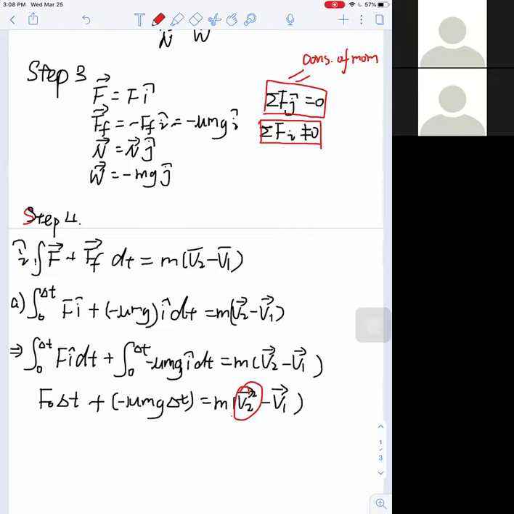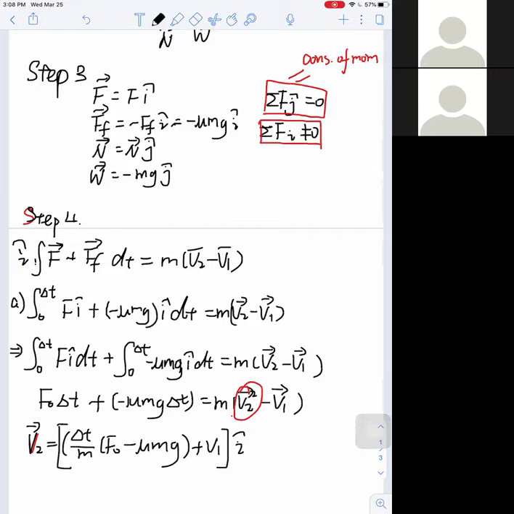So you can throw the m and v1 to the other side of the equation to get an expression for v2. So v2 can be written as delta t over m times F0 minus mu mg, plus v1, and this is in the I direction.